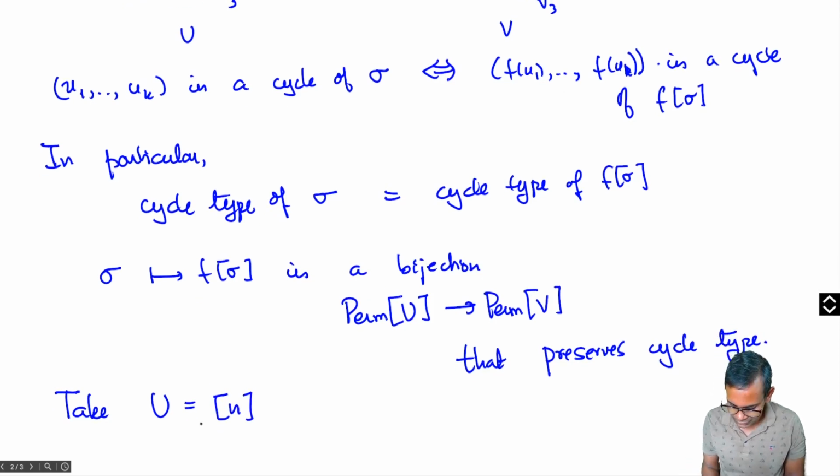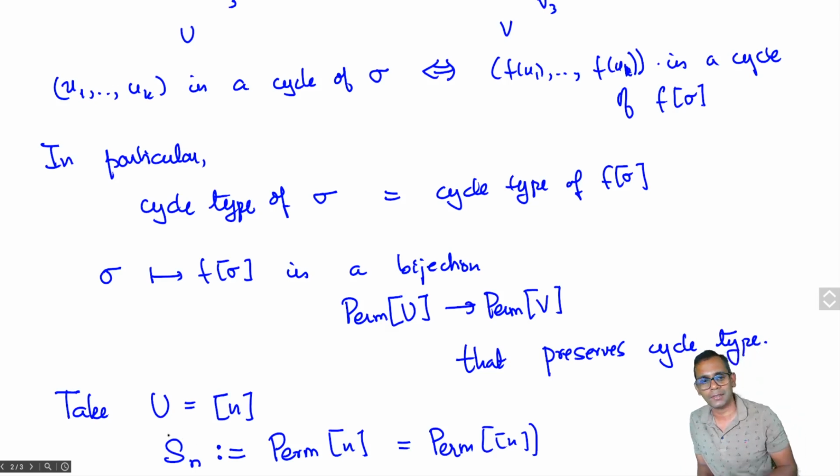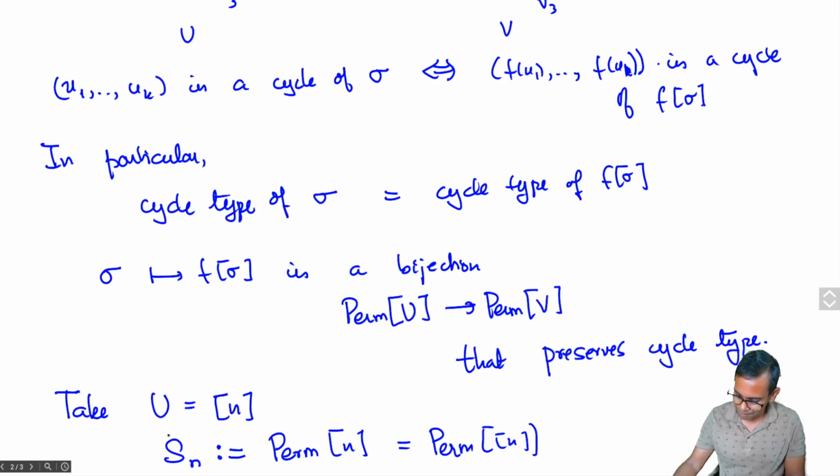Now in this special case, perm U is just denoted by Sn. What I really mean here is perm of box n, but that's sort of clunky, so I've abbreviated it to perm n. And this is called the symmetric group. We'll talk about why it's a group a little later.